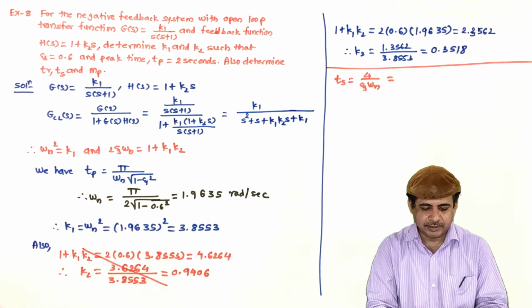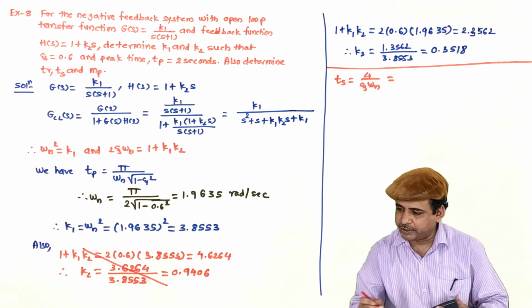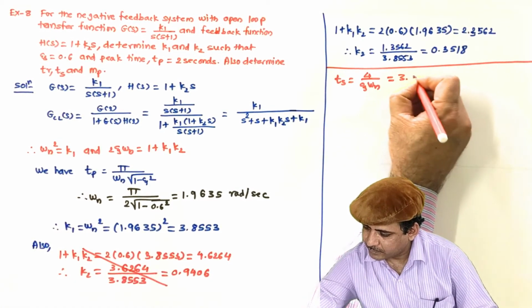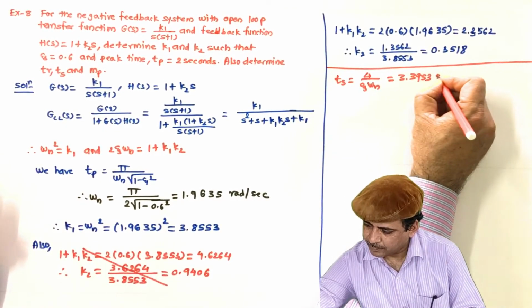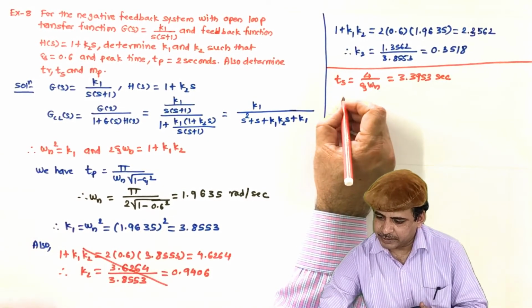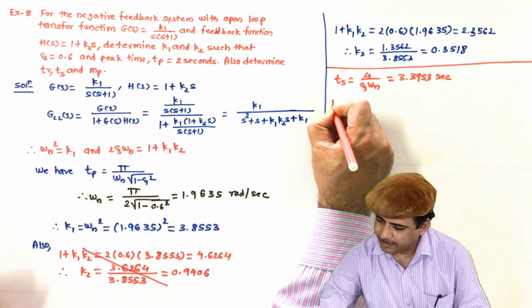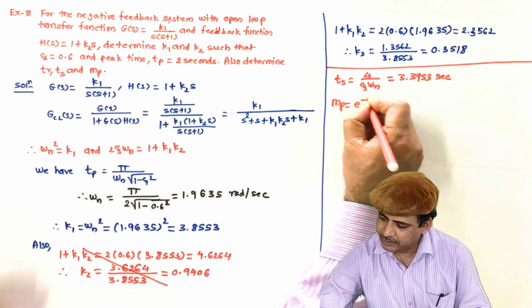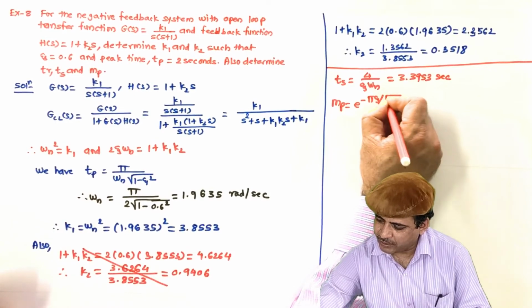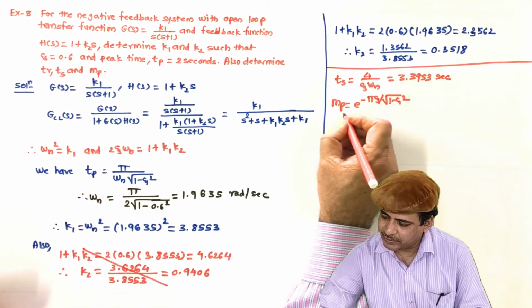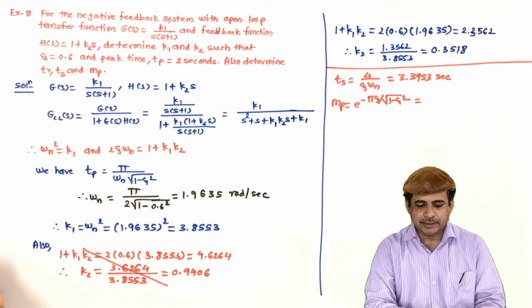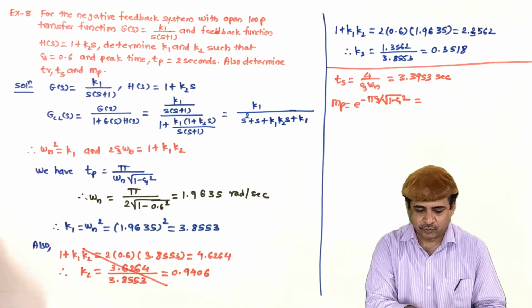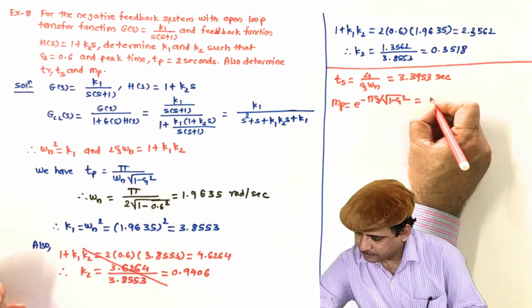So Ts is coming 3.3953. Then next is Mp. Mp is equal to e raised to minus pi zeta upon under root 1 minus zeta square. So substitute here zeta equal to 0.6 and you will get it as 9.48%.